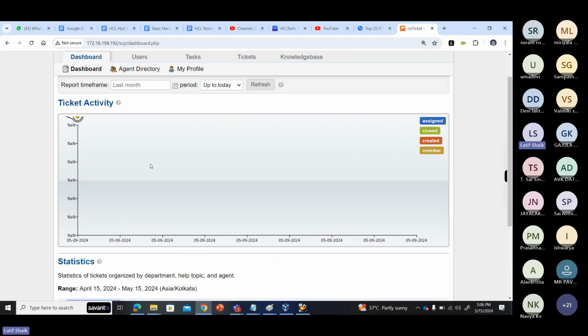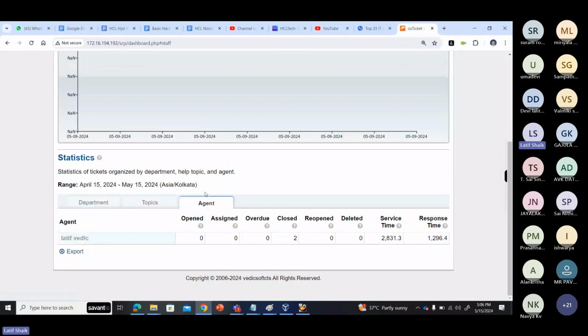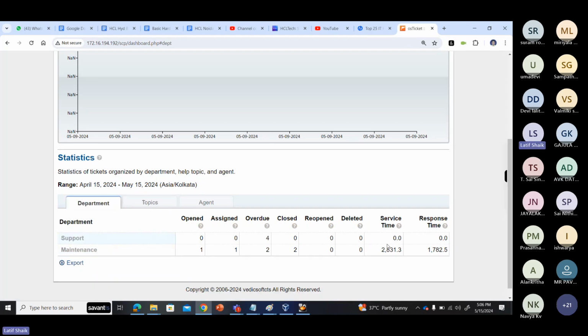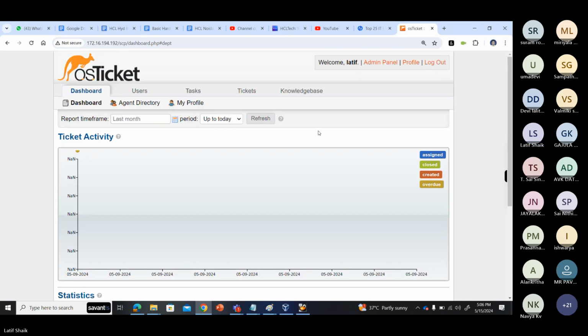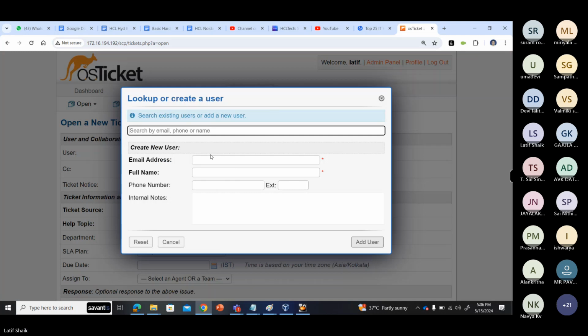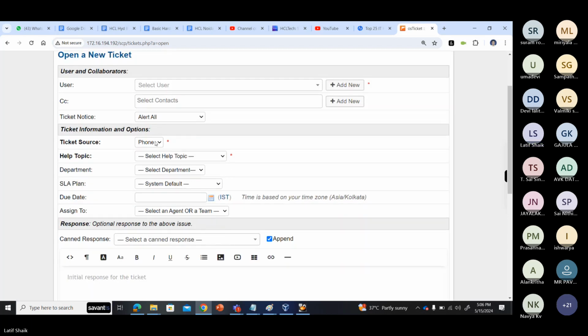Okay, this is statistics. So what is the ticket by agent? How many tickets are closed? What are the topics, based on topic wise, department wise? Okay, these are the tickets, and you can also create a new ticket, like who is the user, CC, ticket notice, like that.